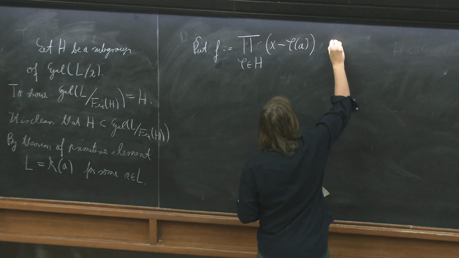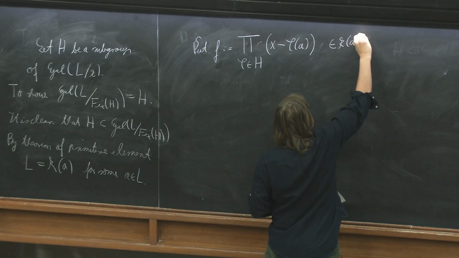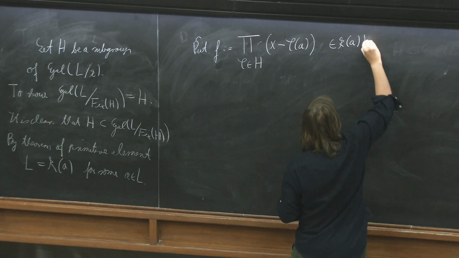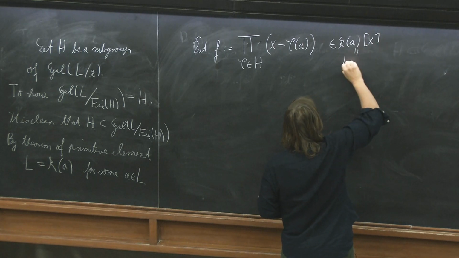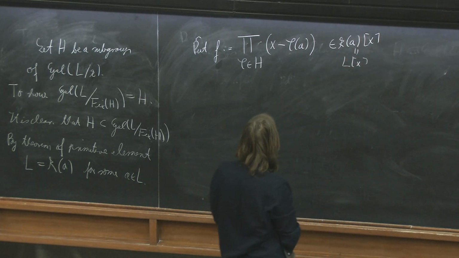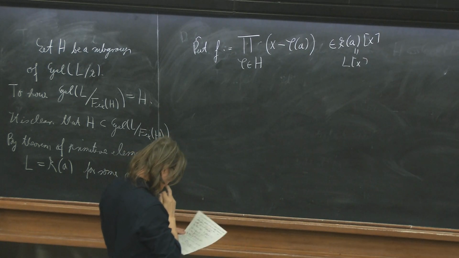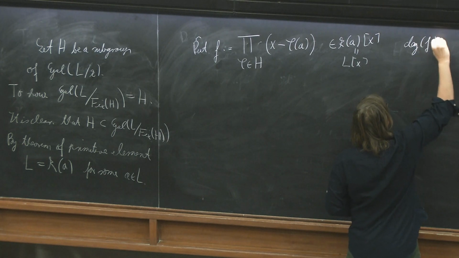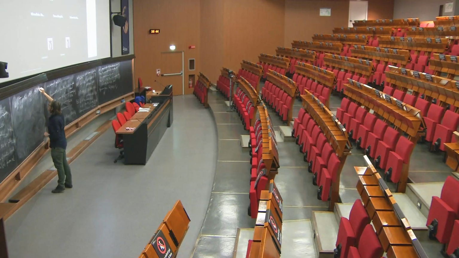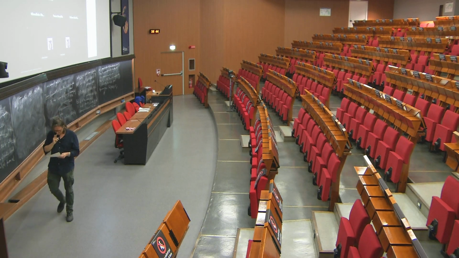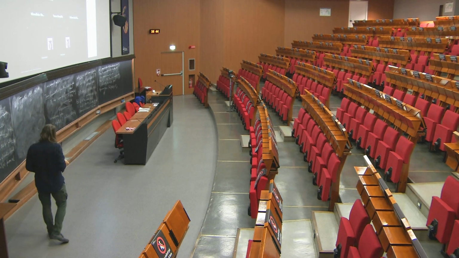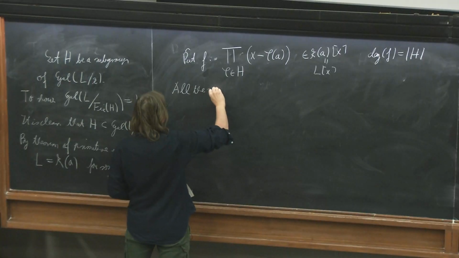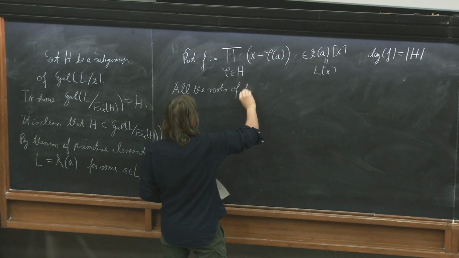So this, by definition, is a polynomial with coefficients in K(A), which is the same as L, because the entries are from there. And obviously, the degree of F is the number of elements in H, because we have as many factors. So first, we note that all the roots of F are distinct.